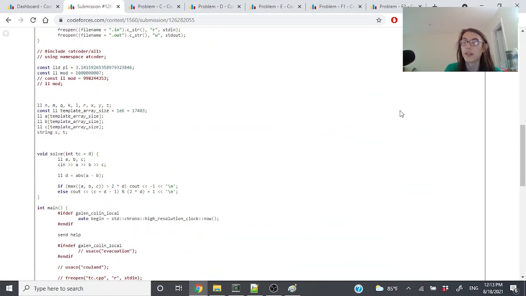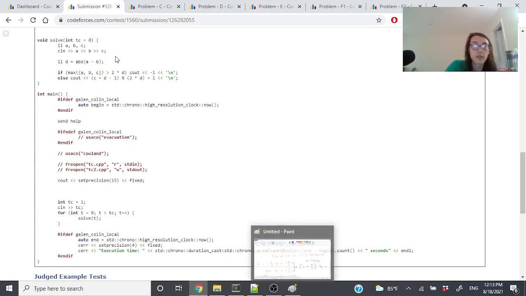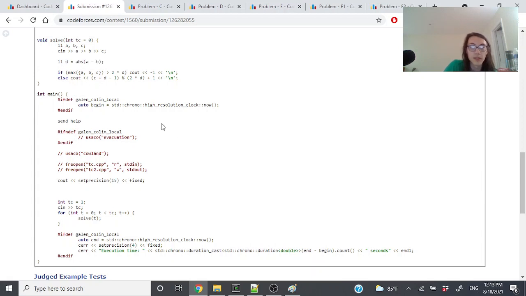Because 2n is a possible location, but it's going to get modded to 0, or n is a possible location, but it's going to be modded to 2. So first read the input, then we take the absolute value. Now we see if it's invalid.